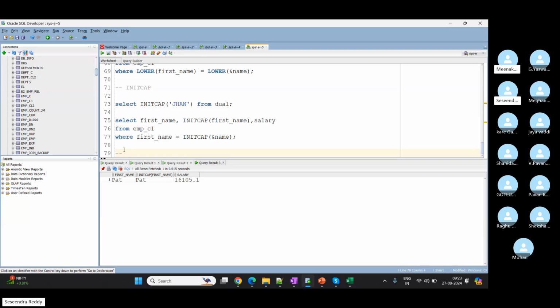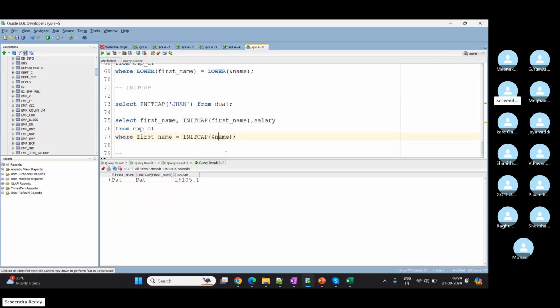Why are you passing that ampersand name? Ampersand is used to pass values at runtime. We already saw this while working on insert, right? We saw one type of insert, the reference method, which means passing values at runtime. So the same thing is applicable here.